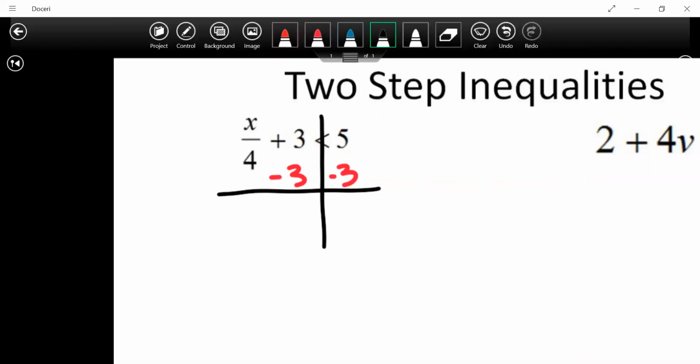So our 3's are going to cancel out. I'm going to be given x over 4. I'm going to rewrite it so it's still less than 2. Okay, to finish it up, we're going to multiply both sides by 4.